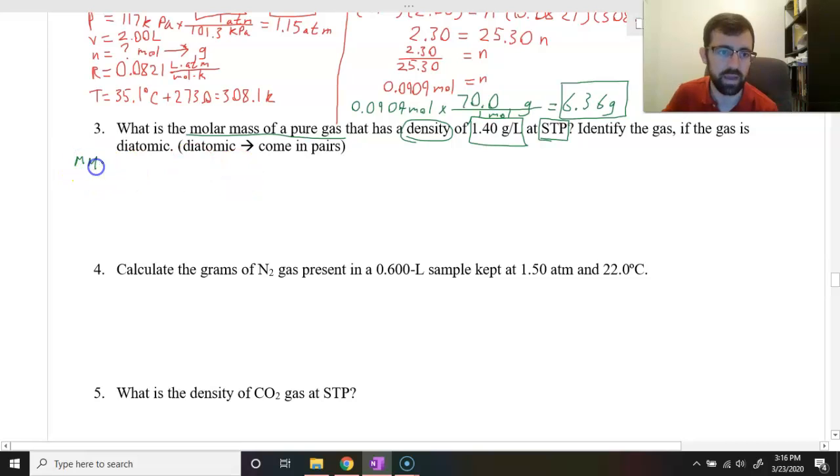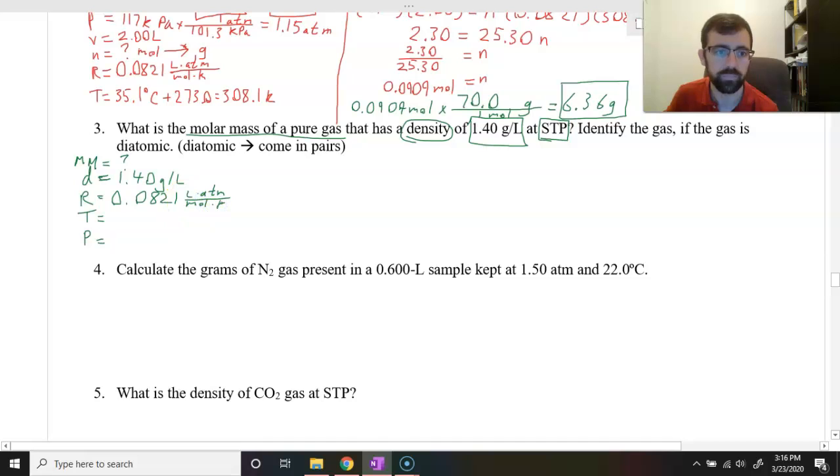So molar mass equals d, R. It's an equal sign, it doesn't look like it. And then we have P and P. It asks for the molar mass. R is 0.0821 liter atmospheres per mole Kelvin.